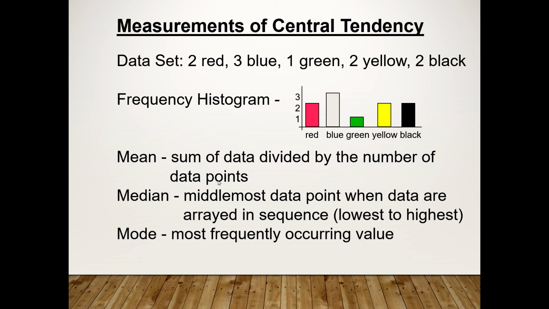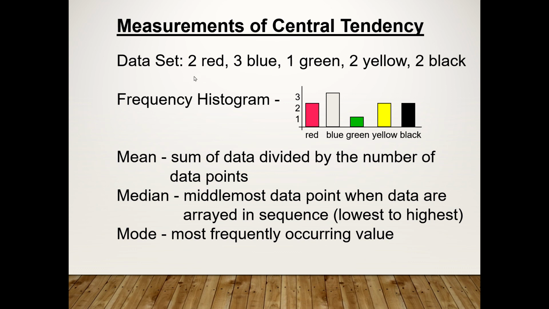So what is the mean? The mean is the sum of the data points divided by the number of data points. The mean cannot be computed from just one data point; it is computed from all of the data points.